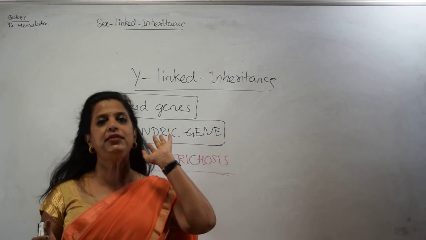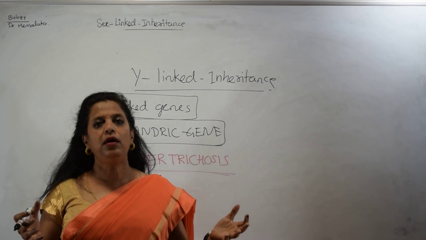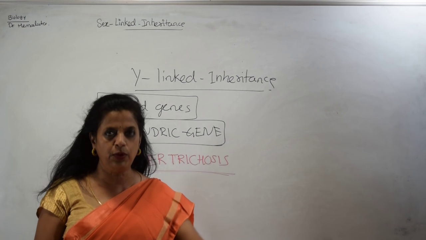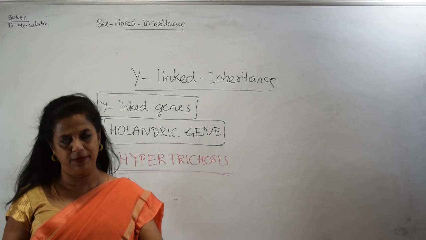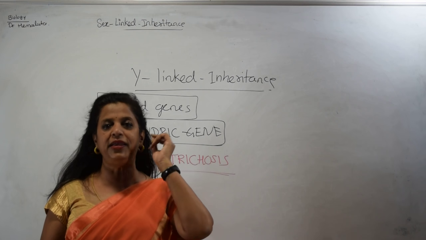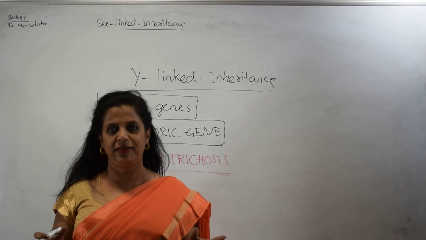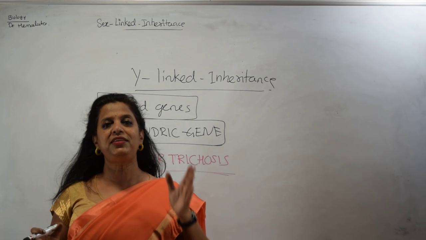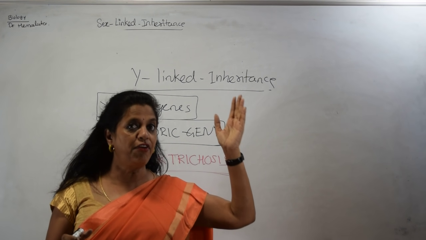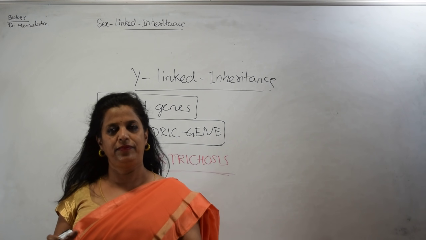If the father has hypertrichosis, he has hairs. If the husband and wife produce a male child, that son will get those hairs in the external ear pinna when he attains around 25 or 30 years. This means hypertrichosis is directly transferred from the father to the son, and from the son to the grandson.